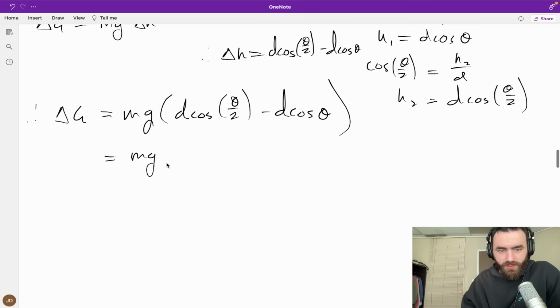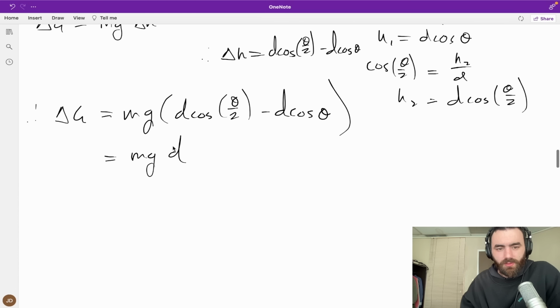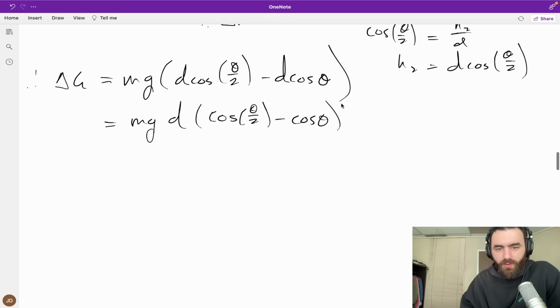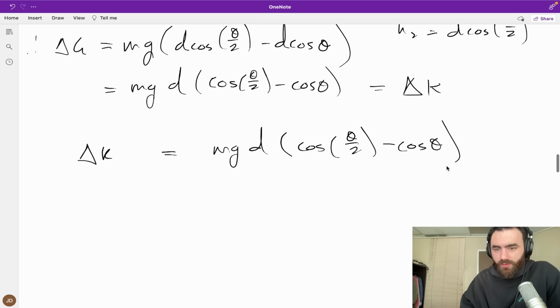We can make it nicer. This equals the change in kinetic energy, because all of the gravitational potential energy is transforming into kinetic.